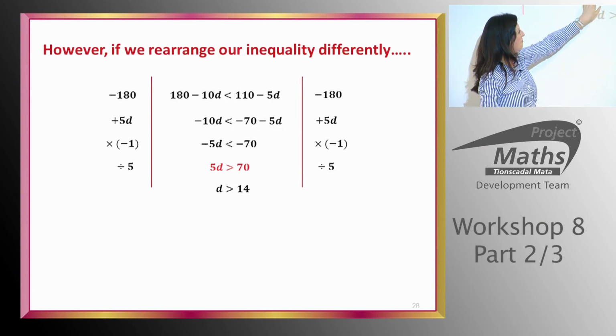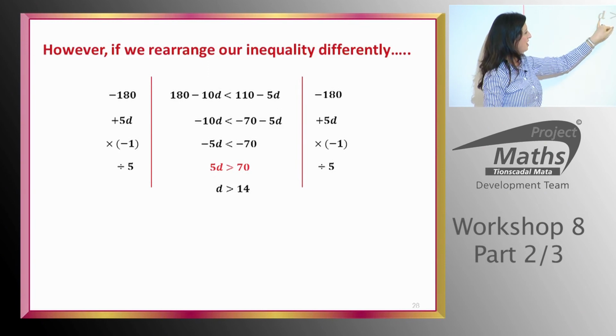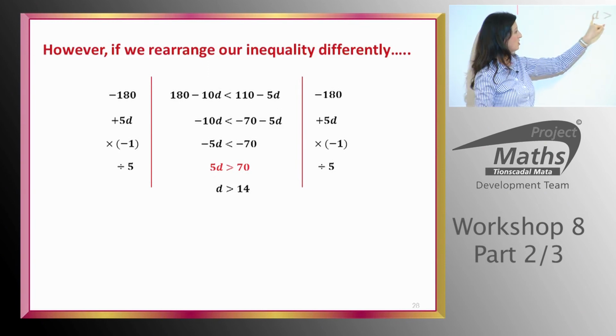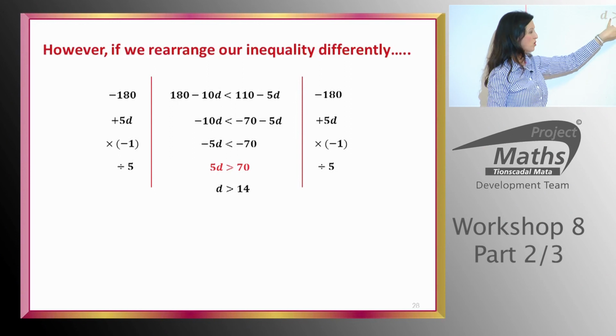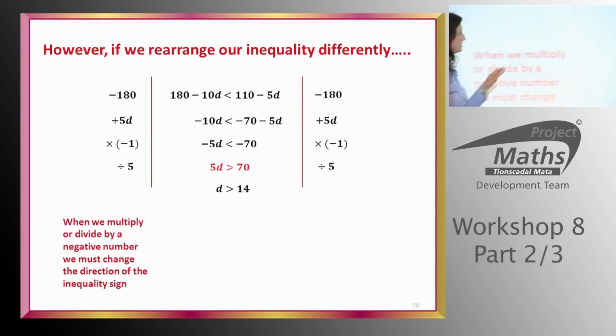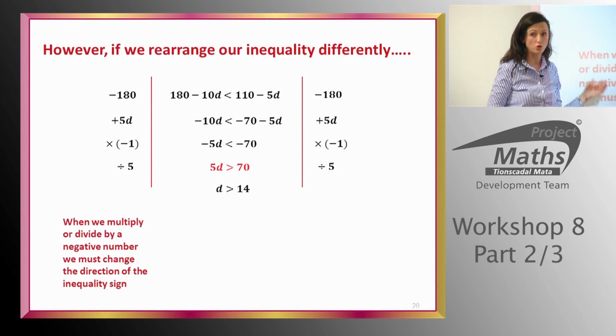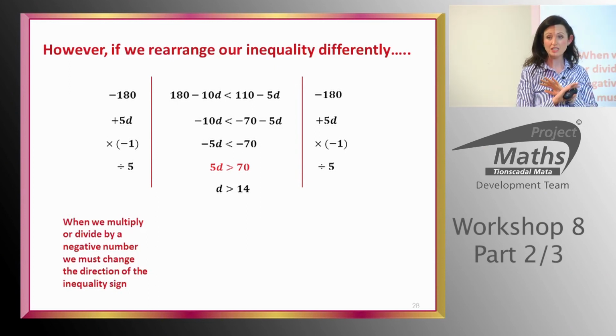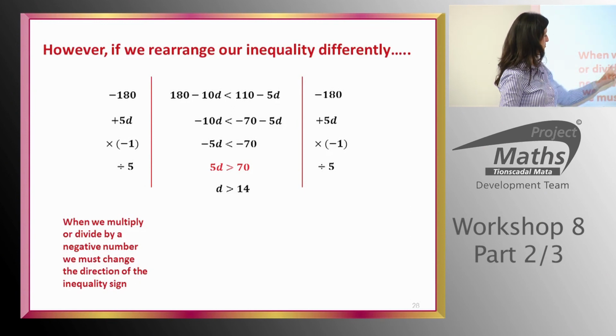Okay? And then we divide both sides by 5 and we will get the exact same answer. My days will be more than 14. Okay. So we see here that a little rule has come up. Nearly the exact same as an equation, except when we multiply or divide by a negative number, we must change the direction of the inequality sign.